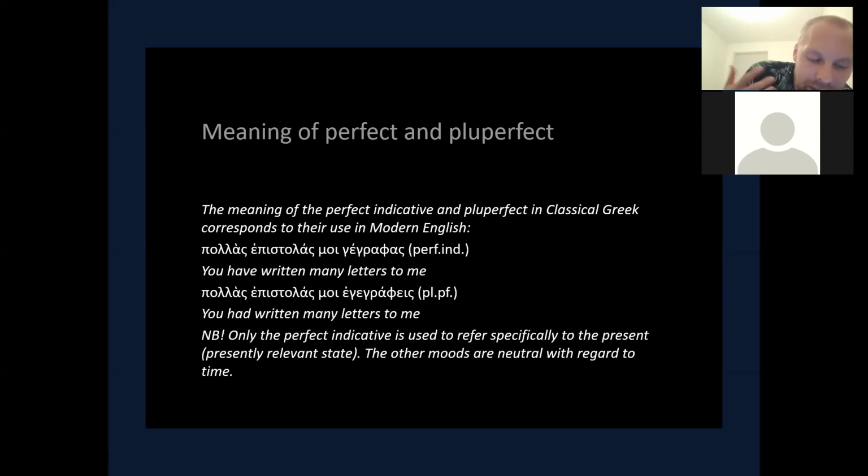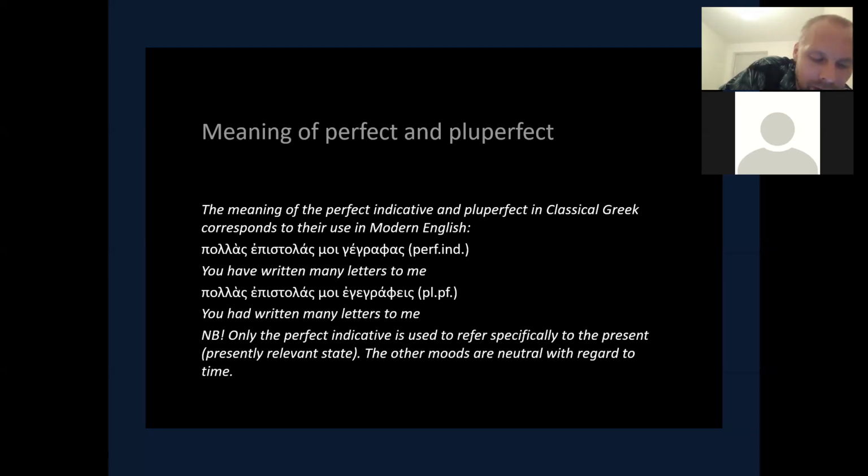However, just as it is only the aorist indicative which refers specifically to the past, it's also merely the perfect indicative that refers specifically to the present. The other moods are neutral when it comes to the time of the actions referred to.